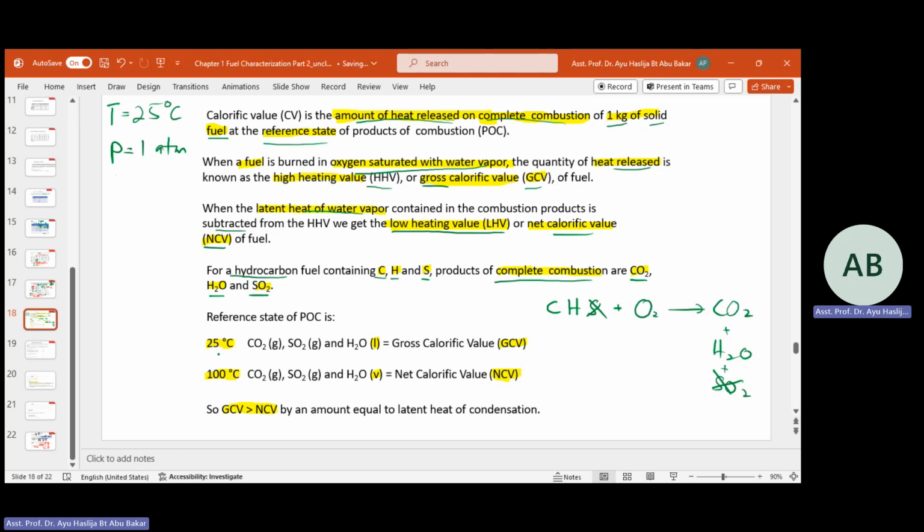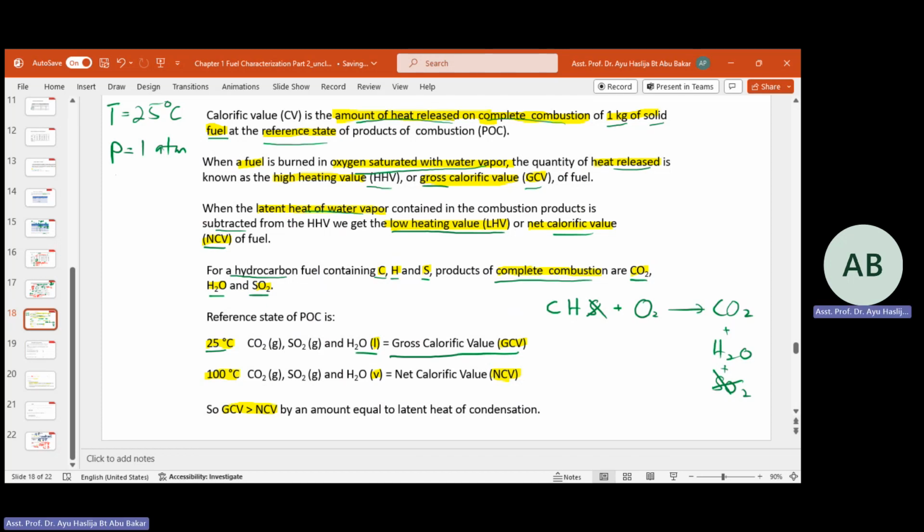Now at the reference state of POC, products of combustion, at 25 degrees C, where H2O is in liquid form, we call that GCV. The heating value is the gross calorific value.